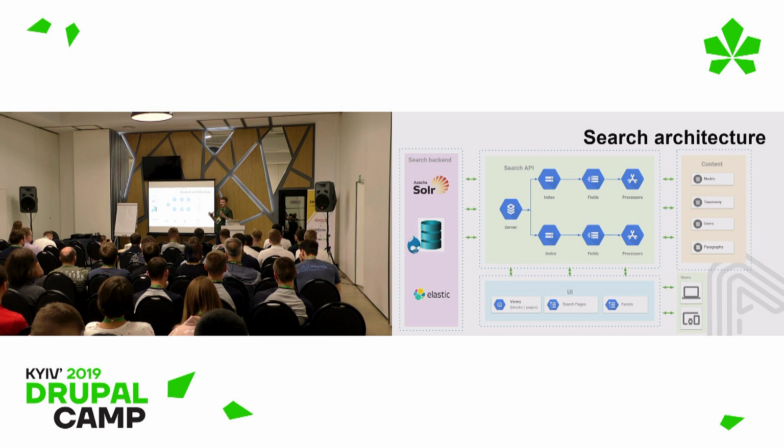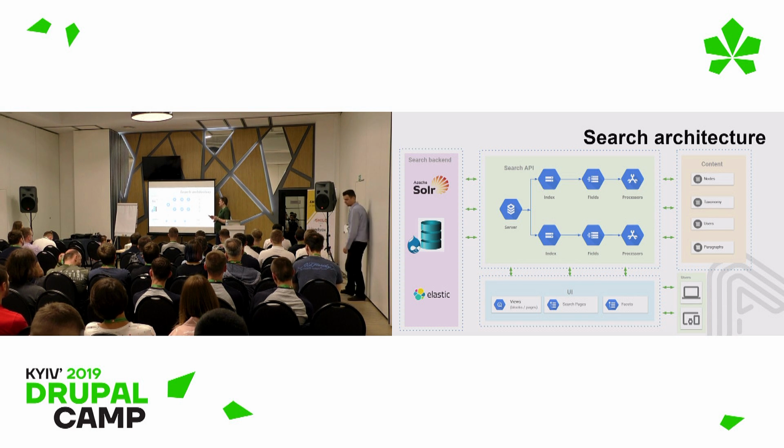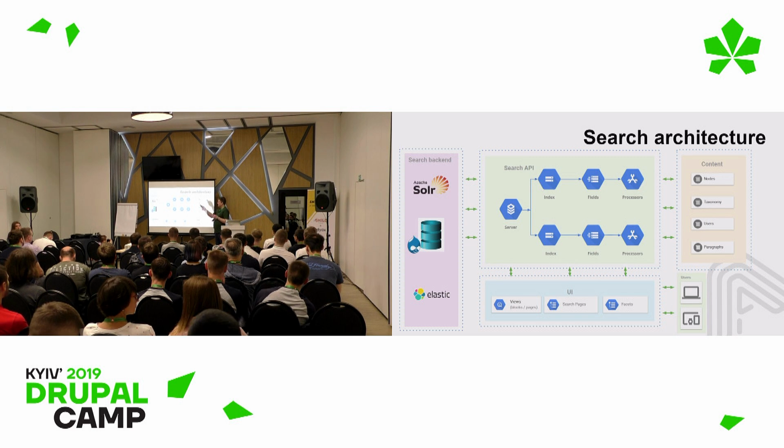It's a core module. It's a module which should be used instead of core search. It's based on cooperation with search backends. We can use multiple search backends like Apache Solr, like Elasticsearch, like database search, which is also part of the Search API module.